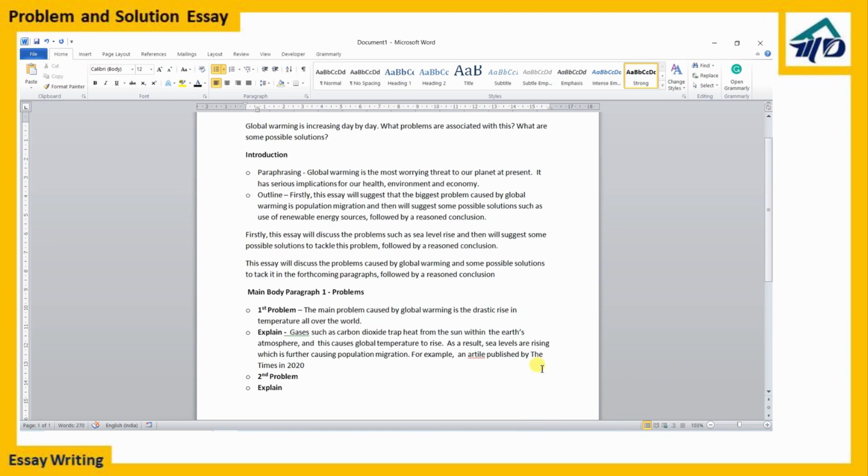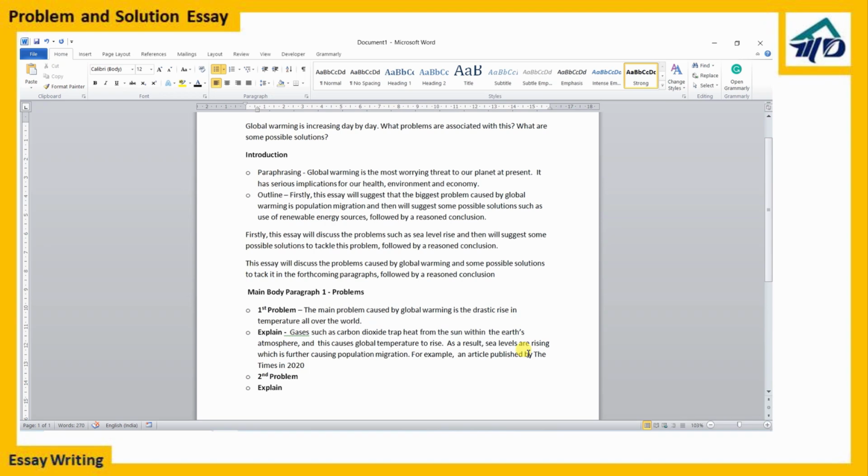This is a fixed template for me. Sometimes the topic is different. Instead of writing the newspaper name, you say an article published by Cambridge University, or by Oxford University.